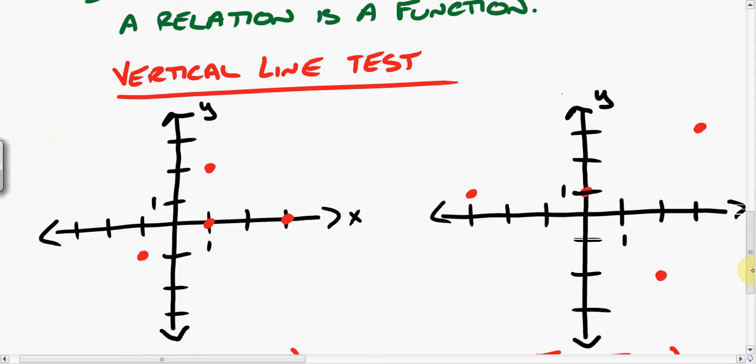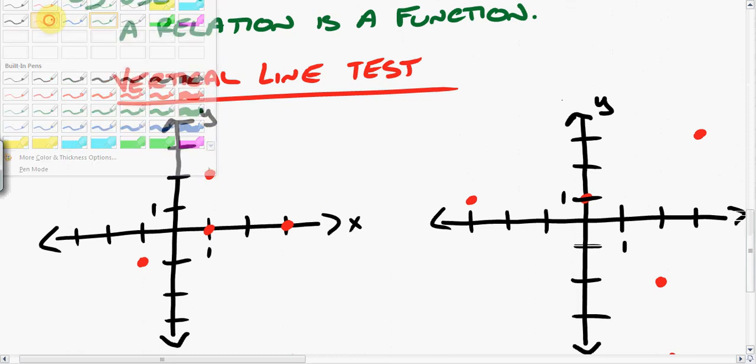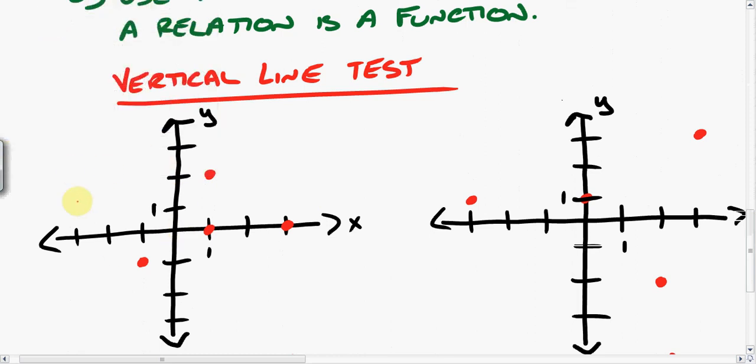All right, so I've got two different relations graphed here. I want you to take a moment and look at these relations. All right, so we've got our vertical line test. In the first relation, we have a point at -1, comma -1. We have a point at 1, comma 0. Another point at 1, comma 2.